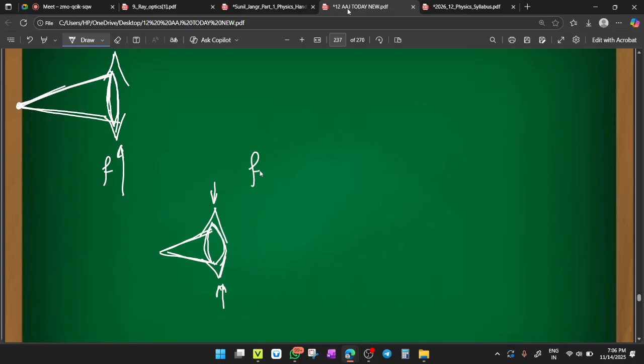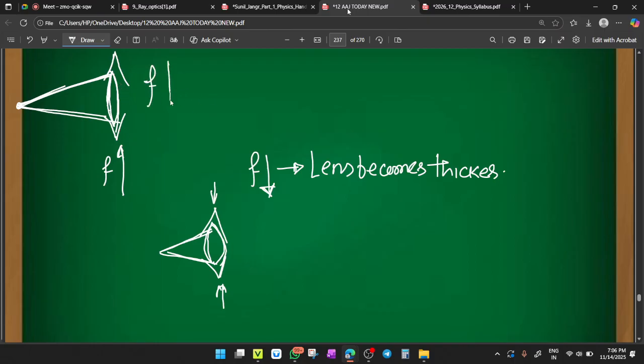When the object is nearer to the eye, the focal length of the lens decreases and the lens becomes thicker. Here, when the muscles are relaxed, the focal length increases and the lens becomes thinner.